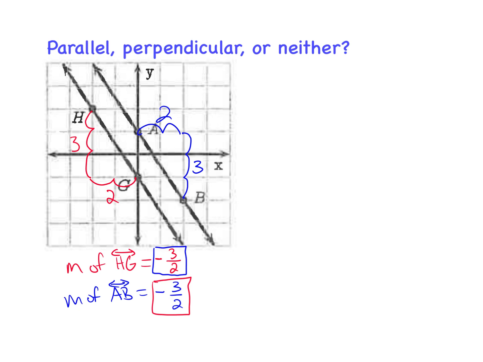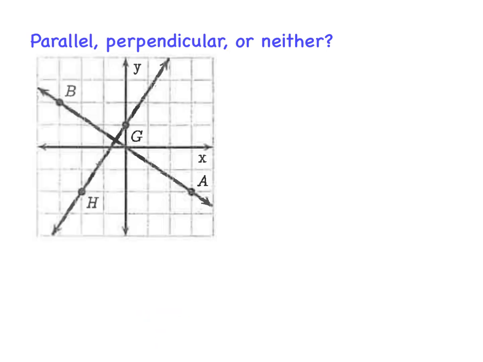Yep, they're both exactly the same, negative 3 over 2, negative 3 over 2, so it is parallel. So 3 answers. So copy this one down. Let's do this. So we need to find the slope of line HG and the slope of line AB.